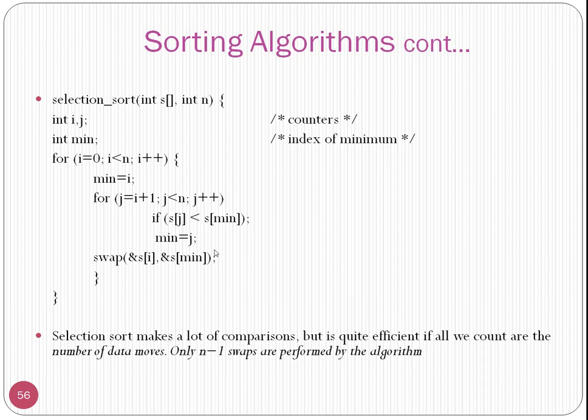So how many swaps will be performed in selection sort? N minus 1, meaning the number of elements minus 1 swaps will be performed to get a sorted list from the given array.